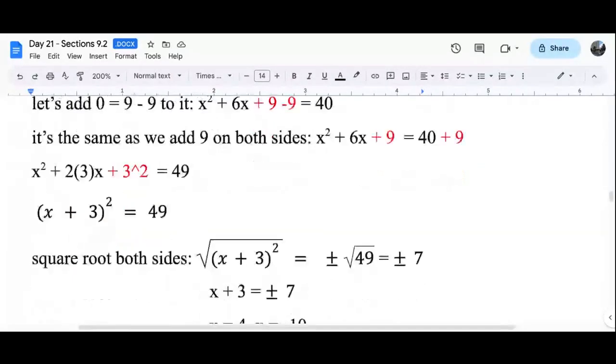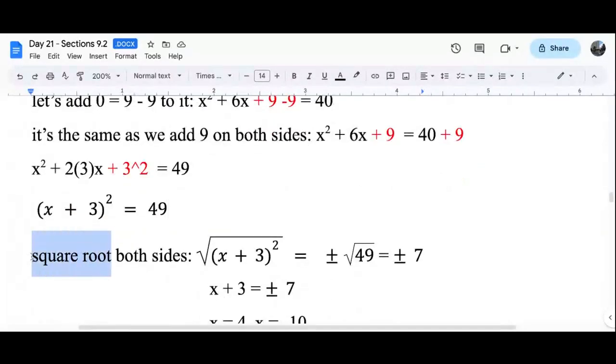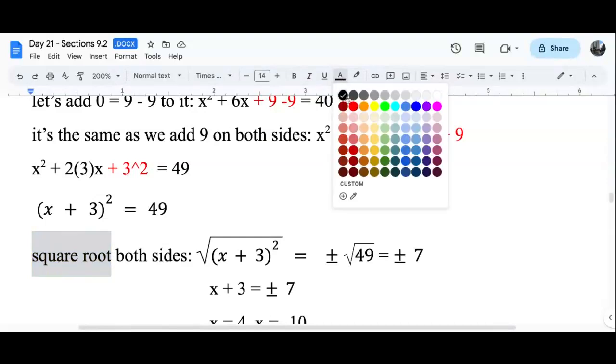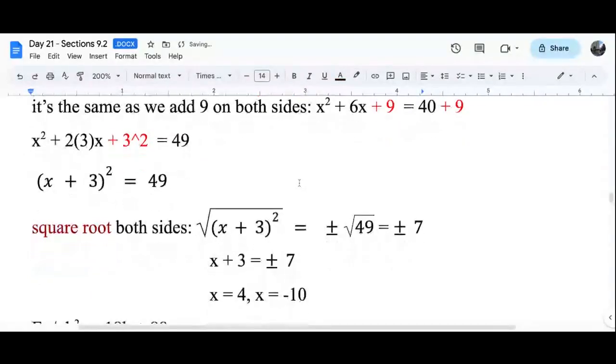Now let's square root both sides. We square root the left-hand side, we get x plus 3. Square root the right-hand side, we put a plus minus because a negative number squared also equals a positive. So when we square root, we give a positive value and a negative value, 2 values. Well, square root of 49 is 7, so we get plus minus 7.